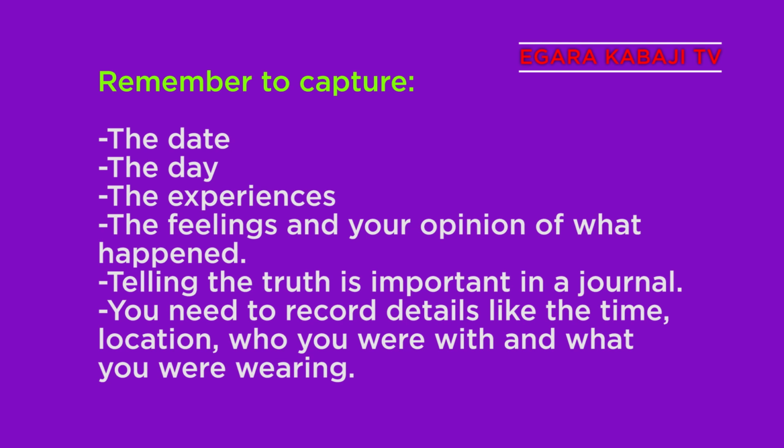Since it is a record of how you felt and what you did, telling the truth is important in a journal. Note that in a journal, you need to record details like the time, location, who you were with, and what you were wearing. Now let us look at an example of an entry in somebody's journal.